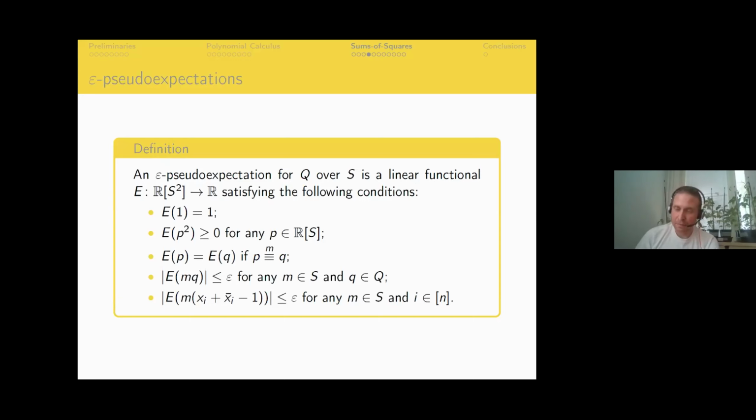Yes, but this kind of pseudo expectation works against these bounded proofs. Basically, if you have a very small epsilon, you need very large coefficients to fool it. So that's the idea. Okay.